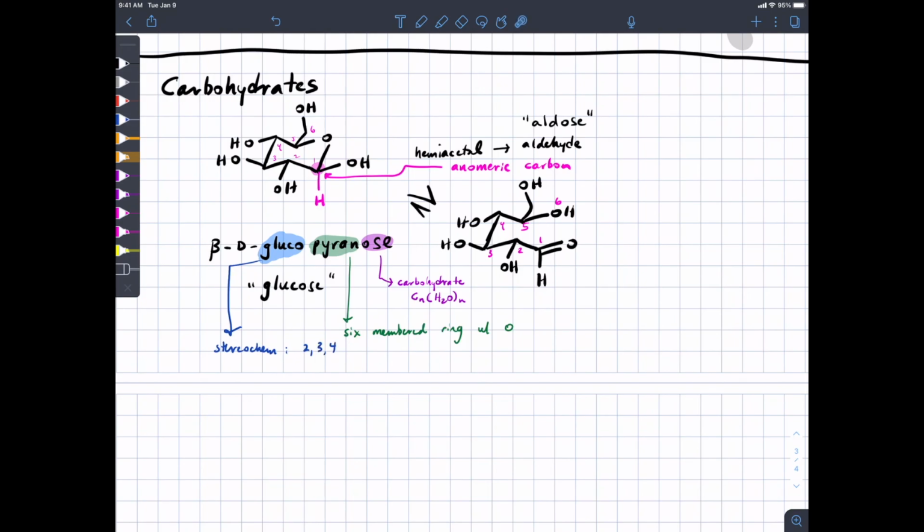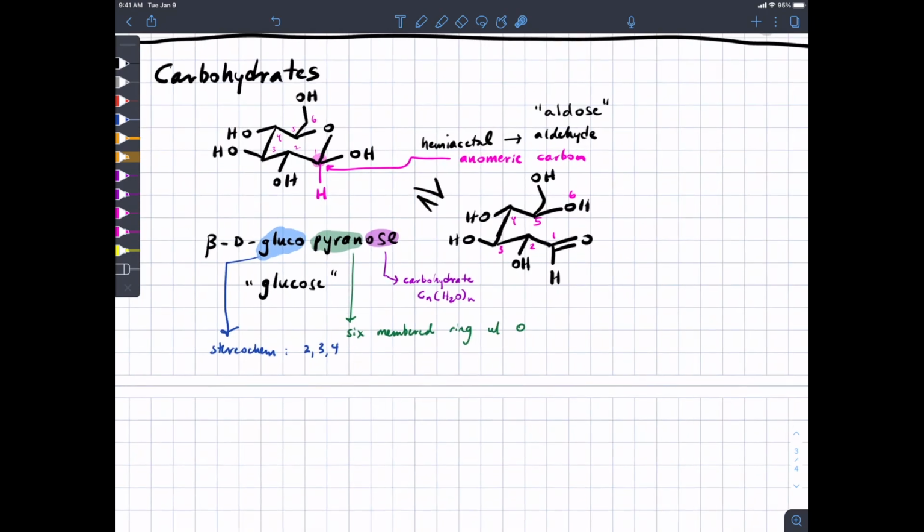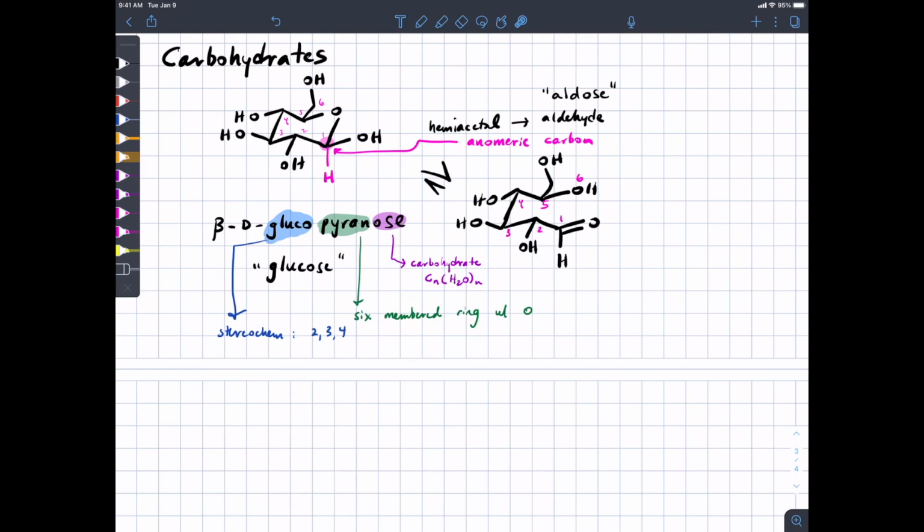I didn't invent the rules, but the beta and the D refer to the other stereochemistries. So the name gluco tells you that the OH group on carbon 2 is down, that the OH group on carbon 3 is up, and that the OH group on carbon 4 is down. If we switch one of those, we would have a different sugar.